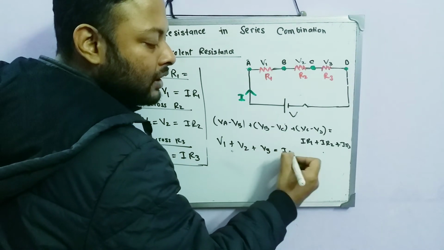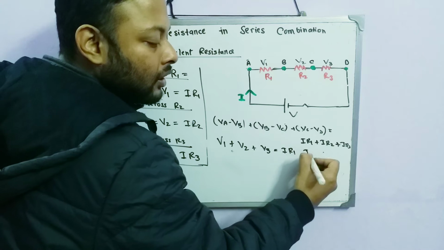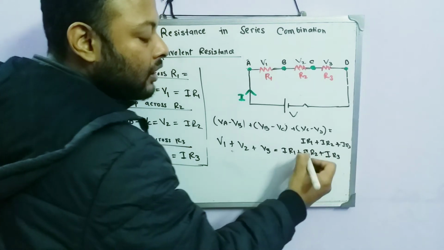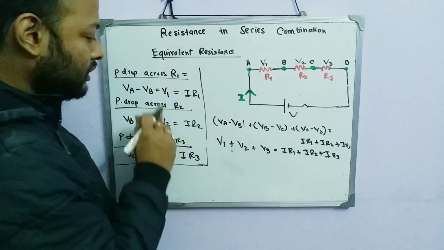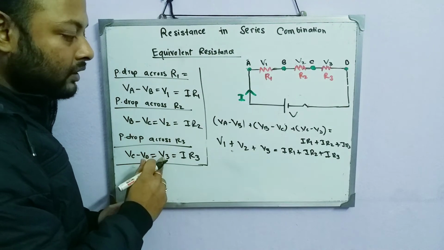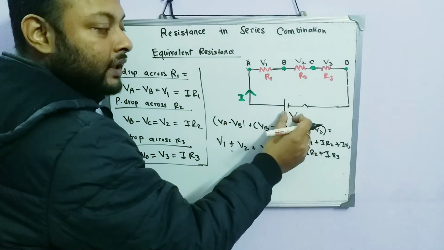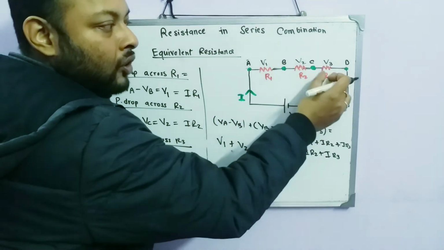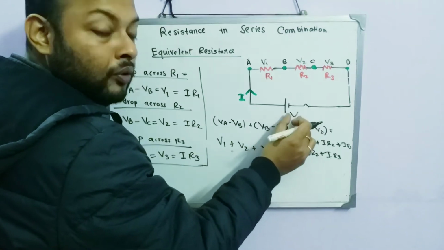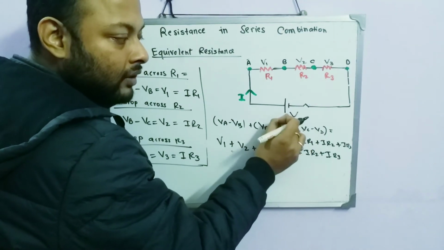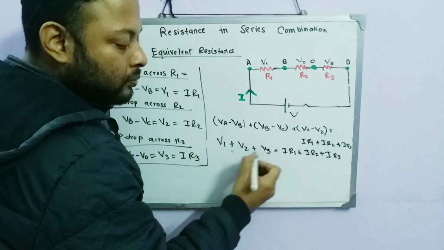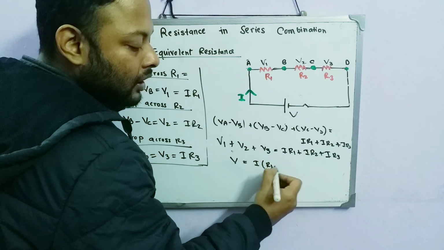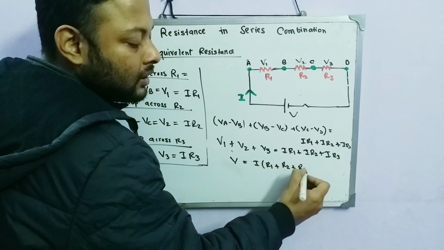That is equal to IR1, IR2, IR3. Now if I add V1 plus V2 plus V3, this entire drop will be equal to whatever potential I'm giving over here. So V1 plus V2 plus V3 is equal to V, which is equal to I into R1 plus R2 plus R3.